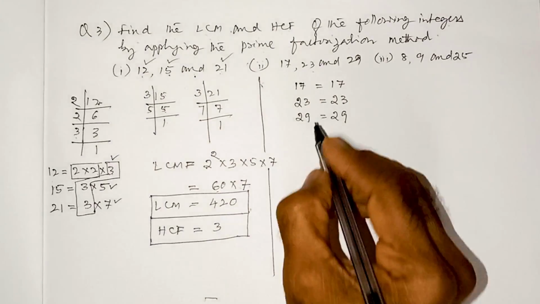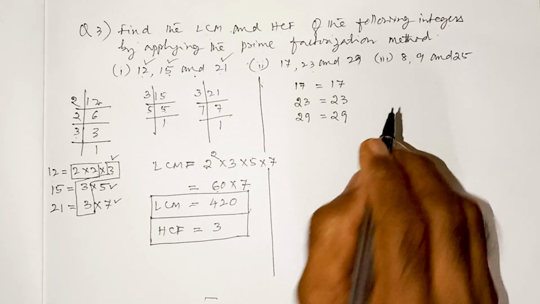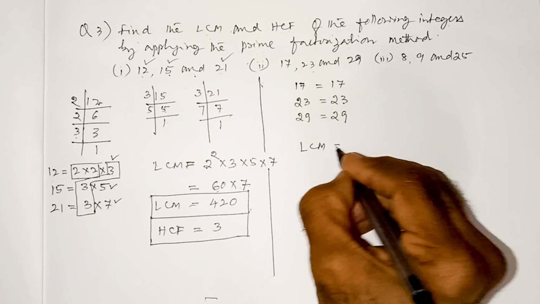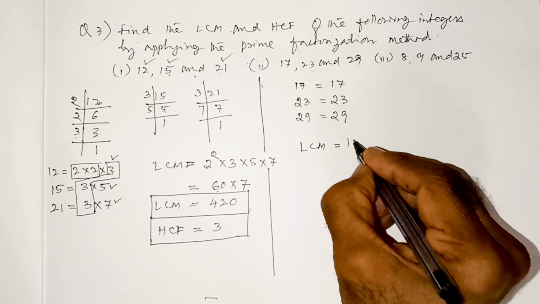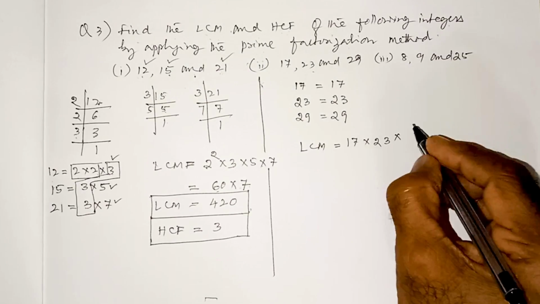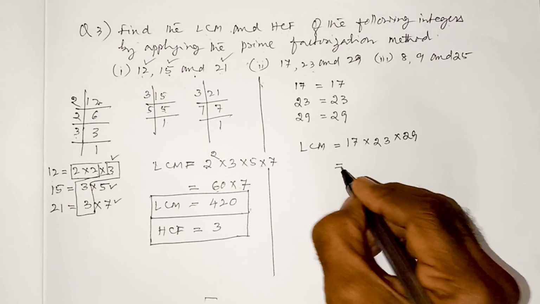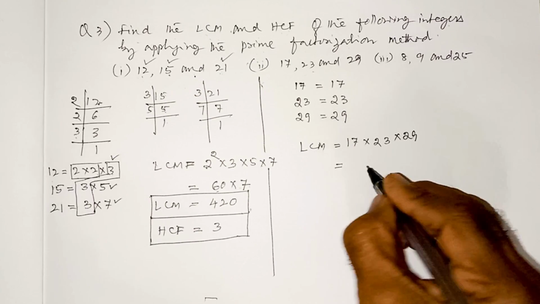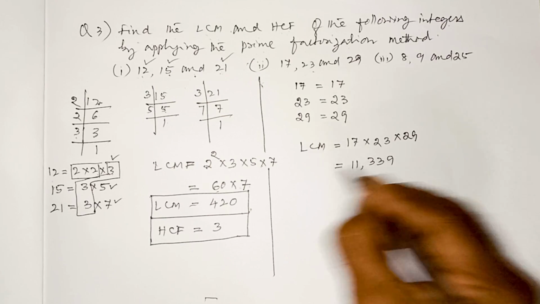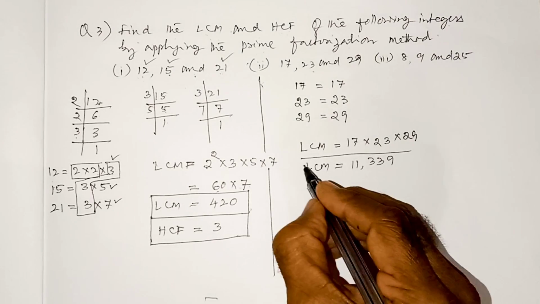Therefore, the factors of these three numbers are the numbers themselves. You need to find out LCM now. You need to multiply all these numbers, 17 into 23 into 29. I have already done this. You get the answer 11,339. This is the LCM.